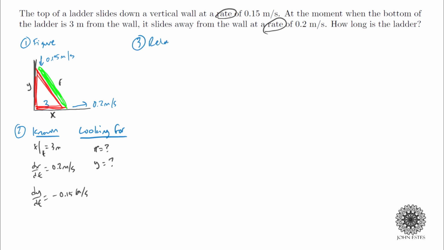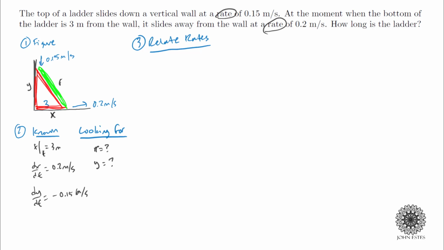Okay, so now the question really is, how do I relate x and y? So, part 3 here, you want to relate your rates. And so how do you do that? Well, I don't have any formula that tells me the relationship between dx/dt and dy/dt, but I do have a formula that helps me relate x and y. And so in general, with related rates, that's the approach you want to take.